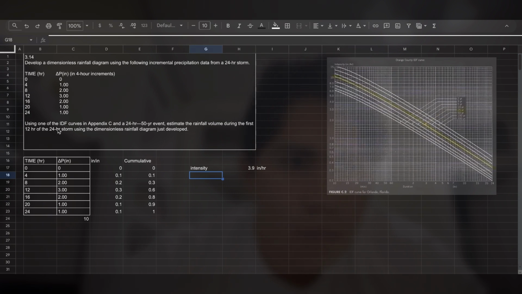Now, estimate the rainfall volume. If we multiply the intensity by the 24 hours, inches per hour times hours gives you the total precipitation in inches.